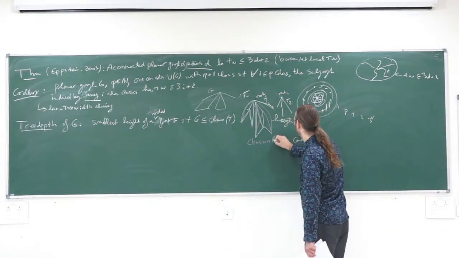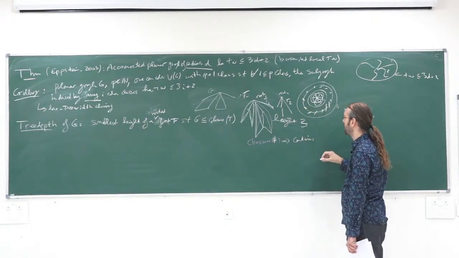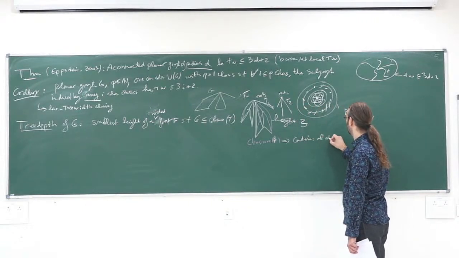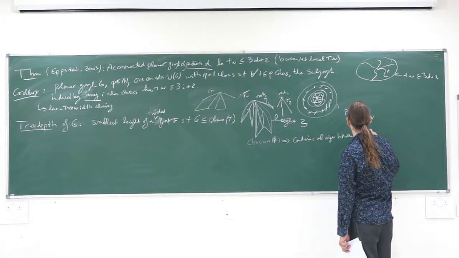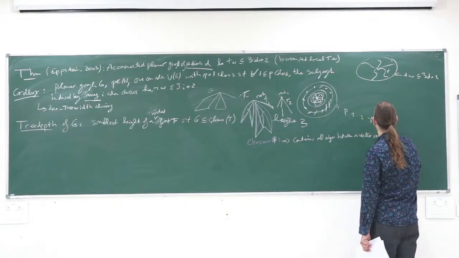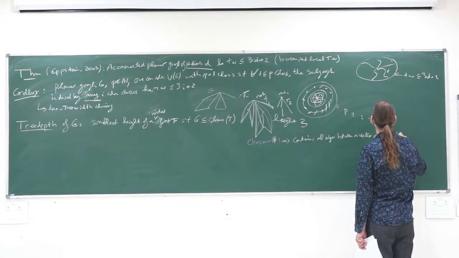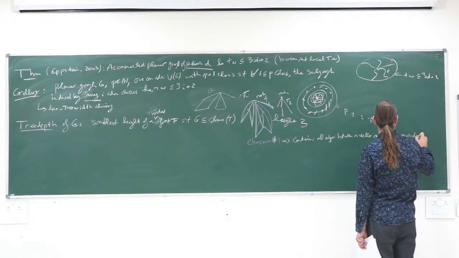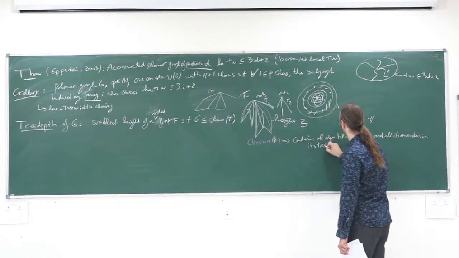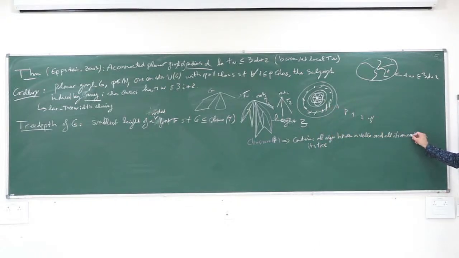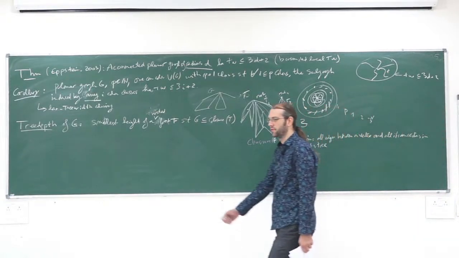The closure of the forest contains all edges between the vertex and all its ancestors in its tree. Is it the same thing as taking the transitive closure? Yeah, that's exactly the same. You can call it the transitive closure.